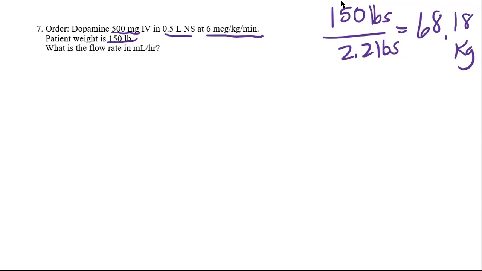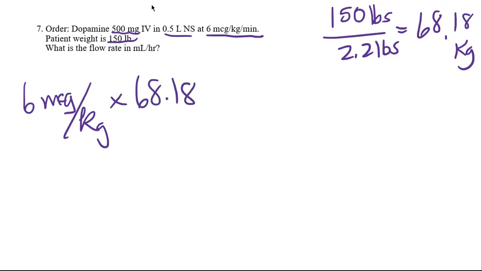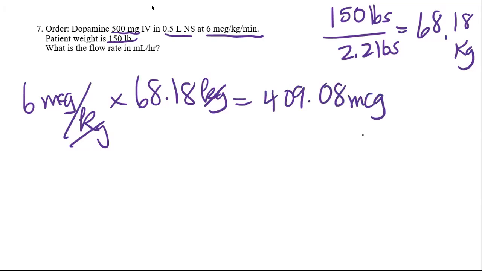We have 6 micrograms per kilogram, so we're going to multiply it by kilograms, 68.18 kilograms. Cross out the kilograms. So 68.18 times 6, and we get 409.08, and that's going to be micrograms per minute.